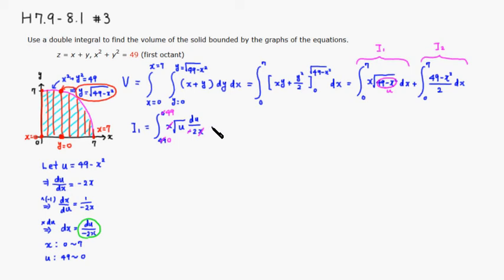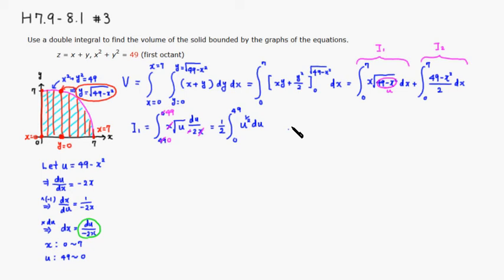So what you get is, 1/2 is just a constant, put it outside. So the integral is from 0 to 49, and I don't like square roots, so I'm going to write it as u to the 1/2 power, with respect to u.